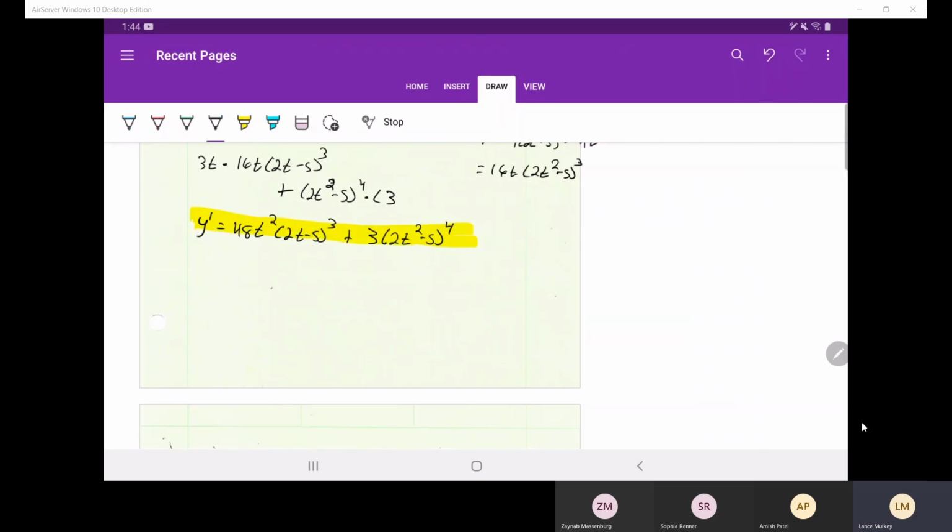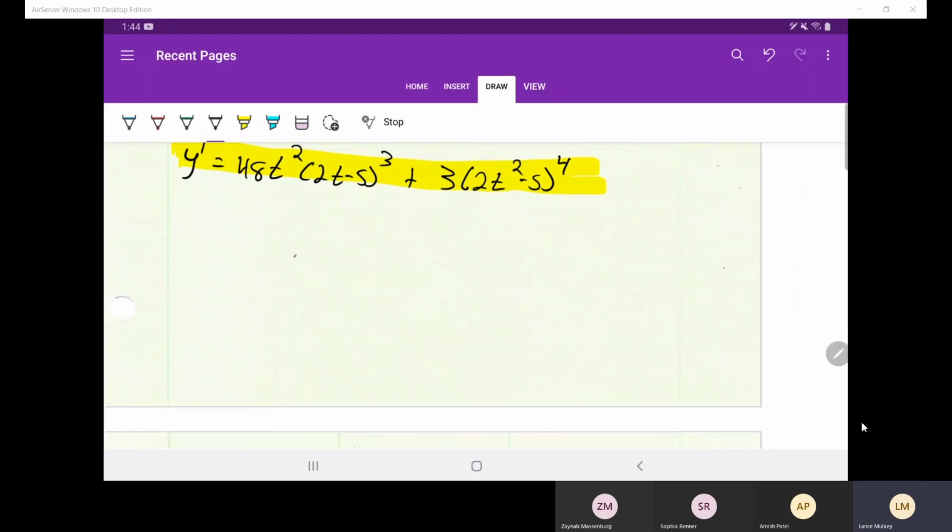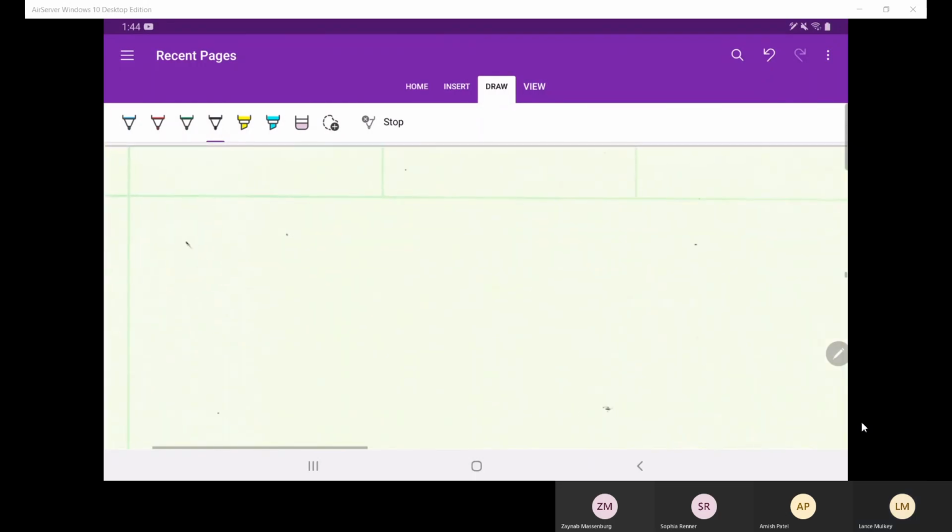So I have one more question. I'll go down to the next sheet. This one looks fun, right?